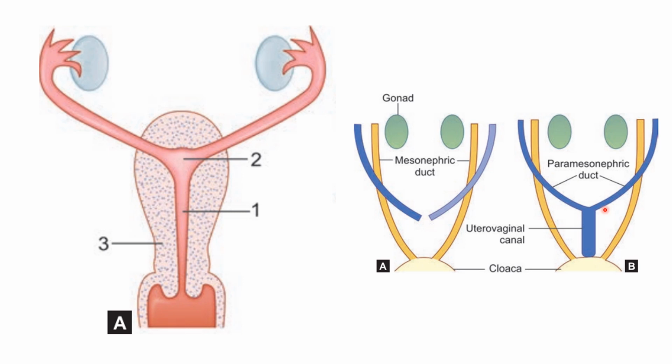So if we describe the epithelium of the uterus, that is developing from the fused paramesonephric or Mullerian duct that is forming the uterovaginal canal.